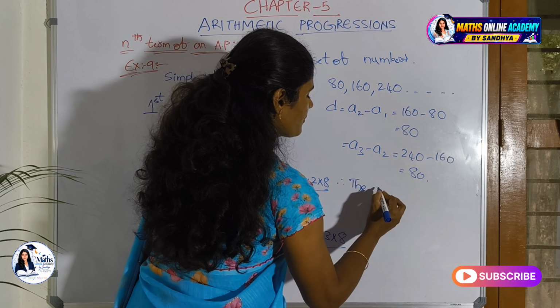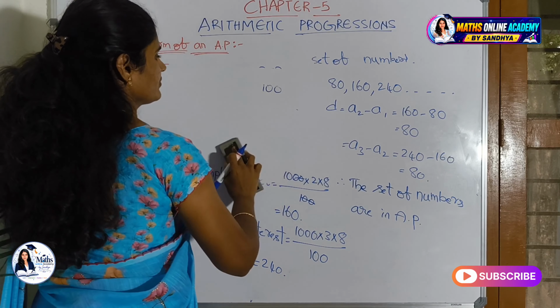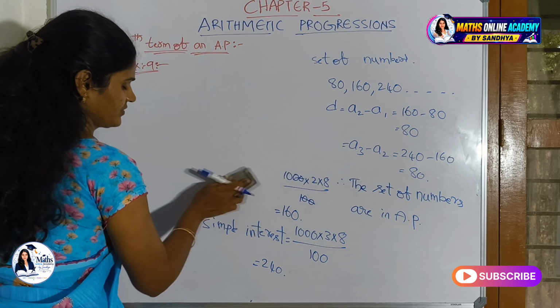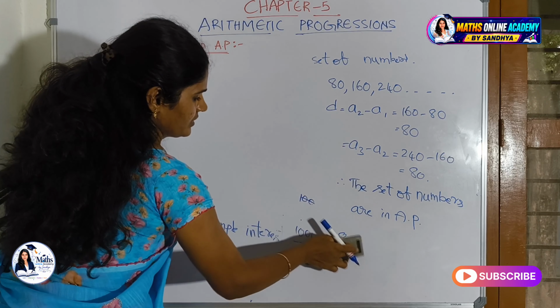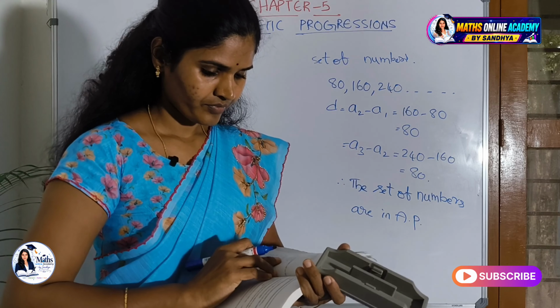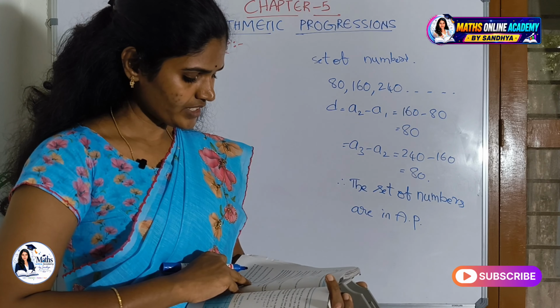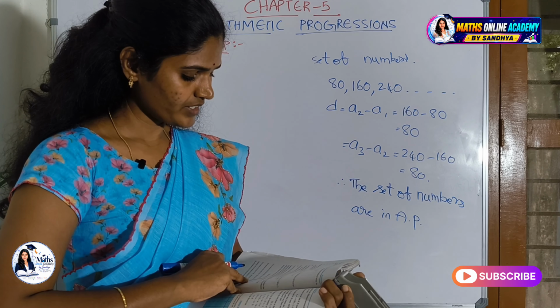So, since the set of numbers are in AP, find out the interest at the end of 30 years, making use of this fact.